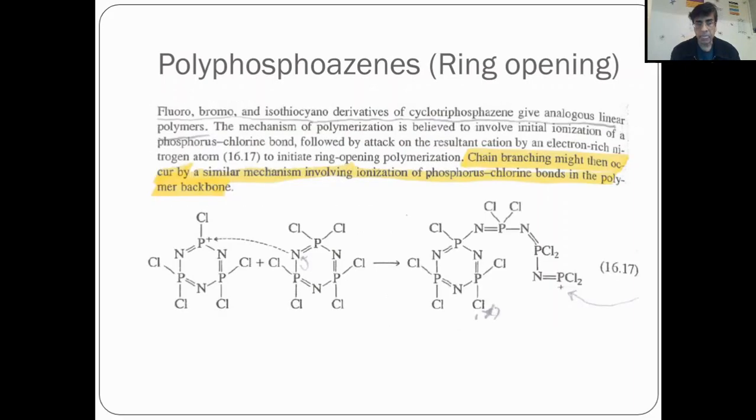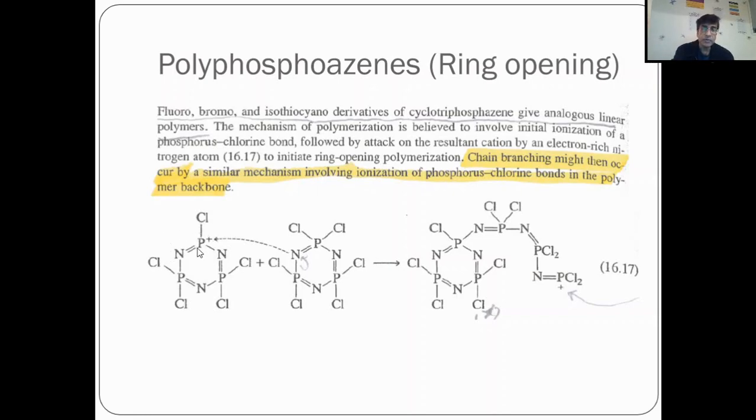Okay. Now after this, you could ask this question to me: this is done, but why does only one Cl break, why not the others? Yes, your question is right. Other Cl can also break.